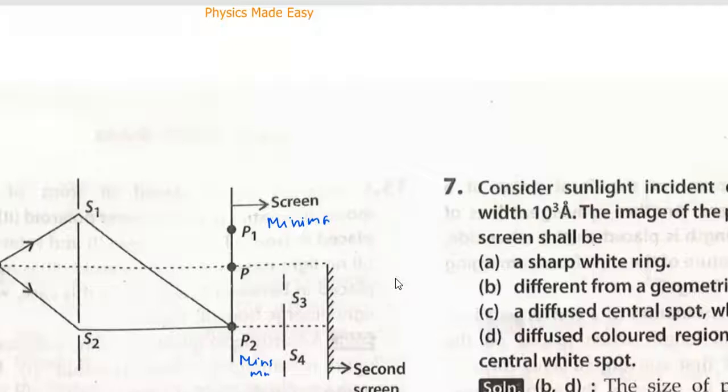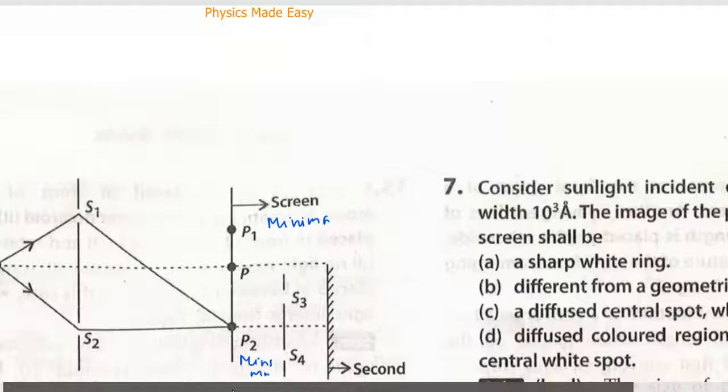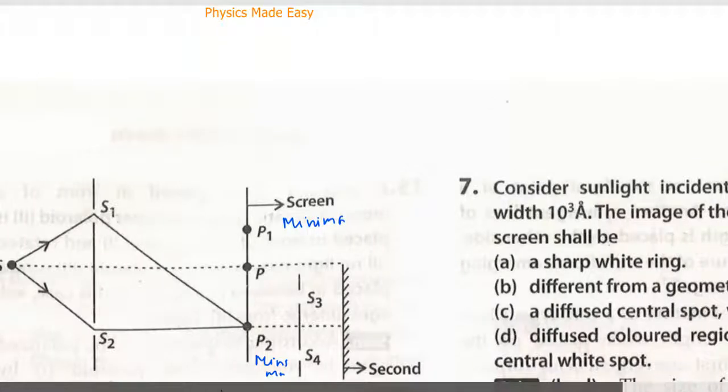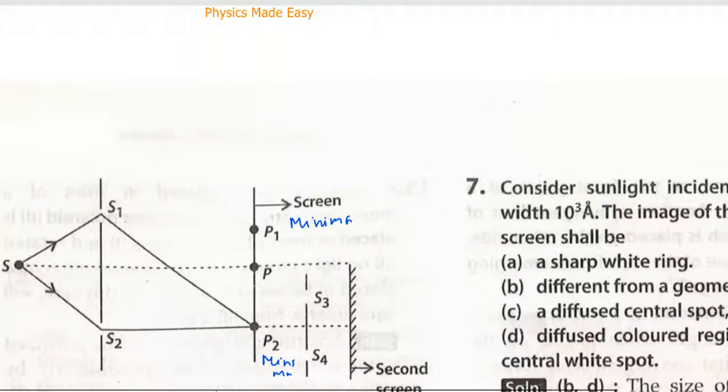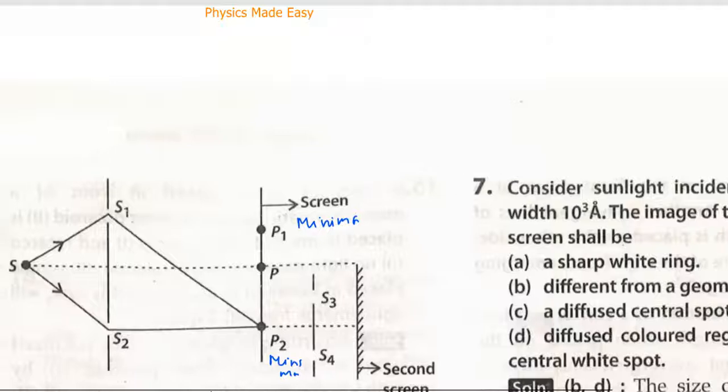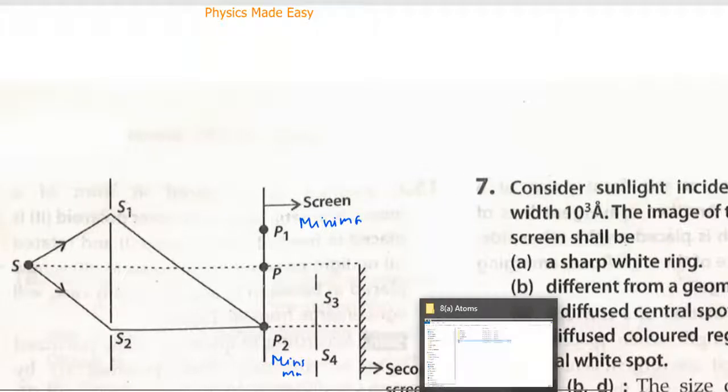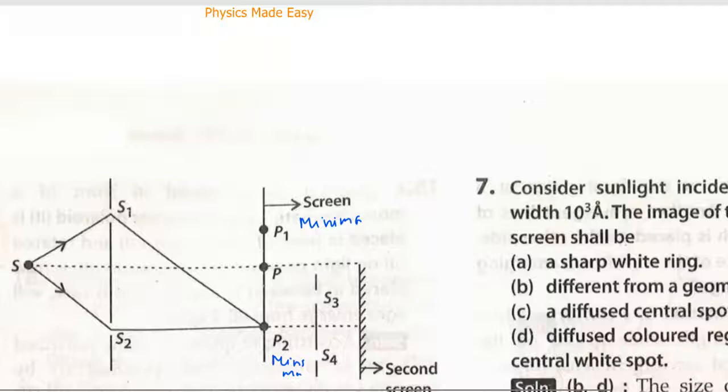The answer to this problem will be divided in two parts. First part is A part.